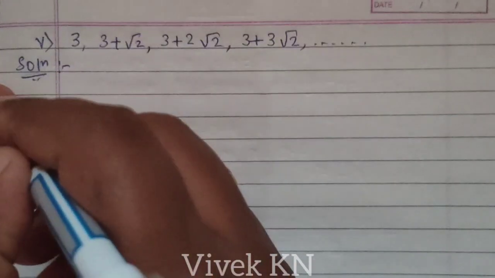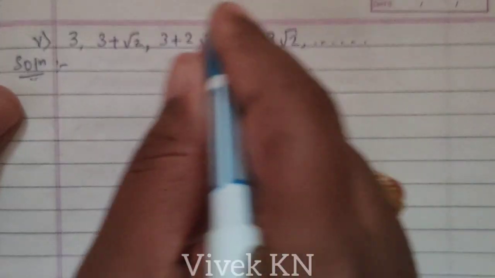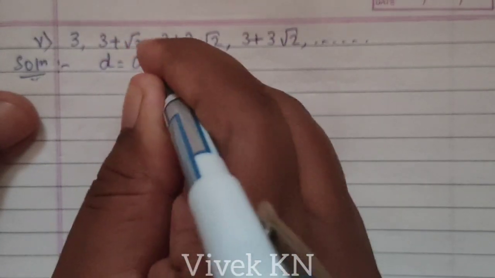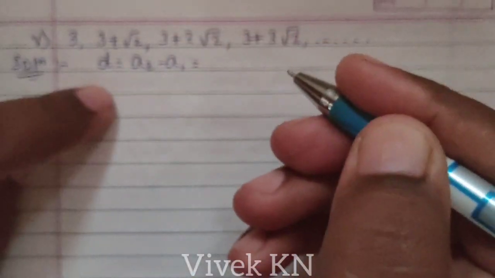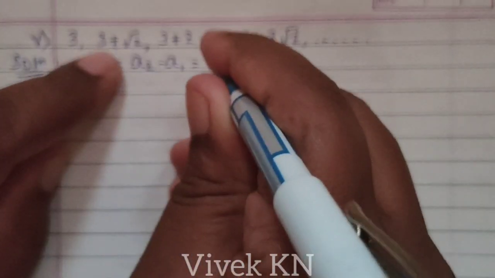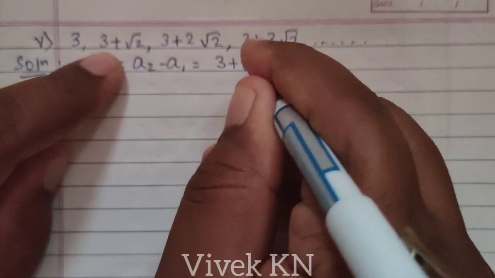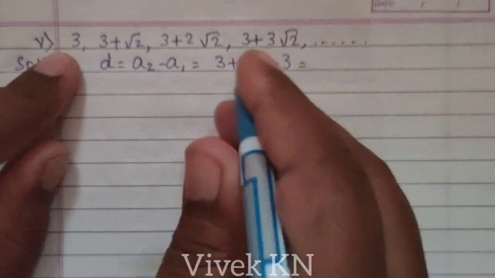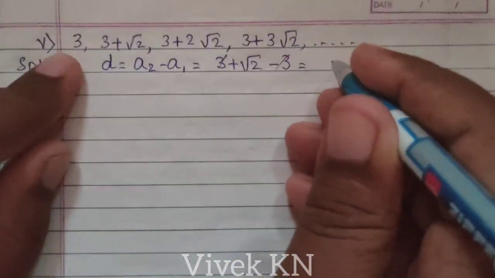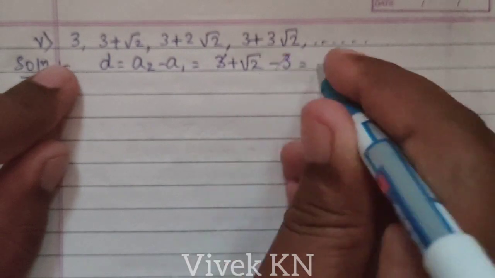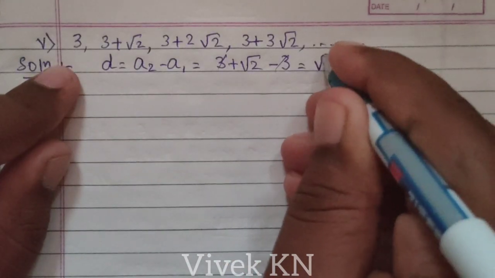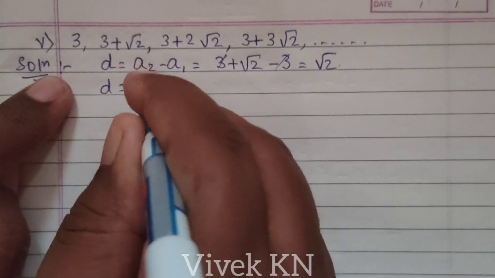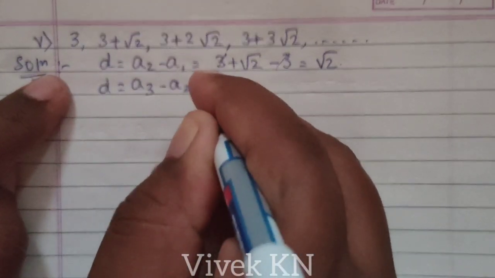Here also we have to calculate the common difference of all these given terms. Therefore D is equal to A2 minus A1. Here the A2 value is 3 plus root 2 minus A1, which is 3. Plus 3 minus 3 get cancelled and the common difference we get is root 2. Next, D is equal to A3 minus A2.